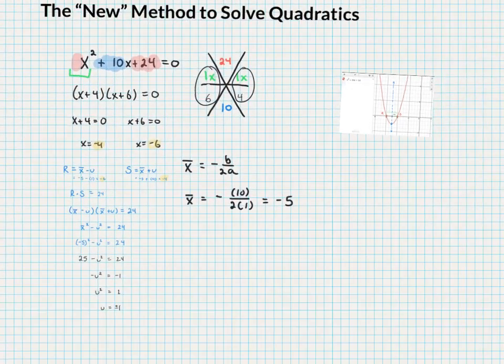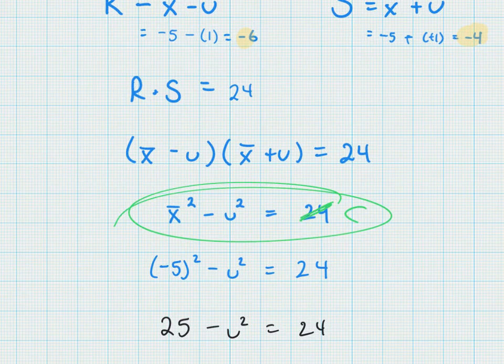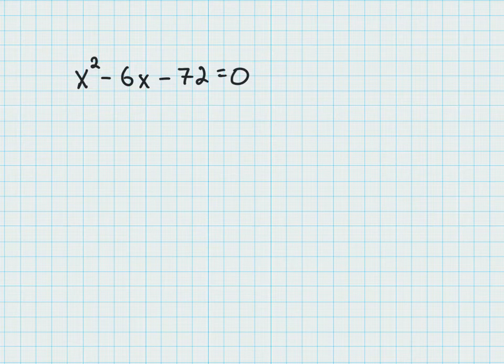Okay, so let's go ahead and do another problem like this, but starting rather with this guy right here, calling that one C. So let's look at this one here. We have x squared minus 6x minus 72 equals 0. So we know that generically, this is what's going to happen.